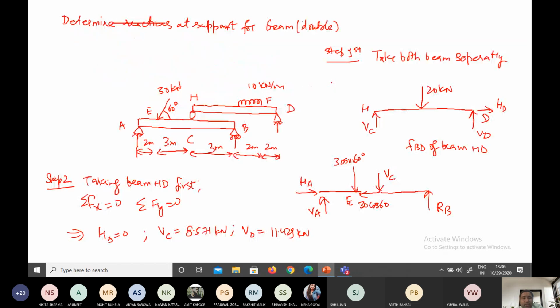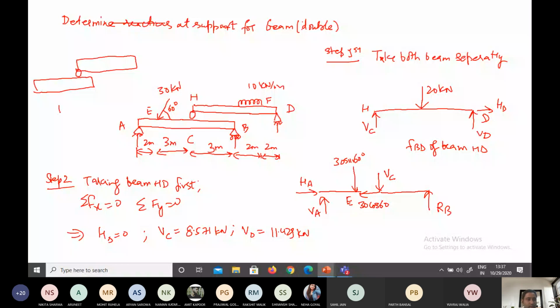Can you see one difference here? What is being shown? See, in the double beam case, we have this support here. This is the roller support. Fine. So if I make it combined, you can see this is HD and this is AB beam. So this is the roller here. When I make the ABD combined, it will be like that.